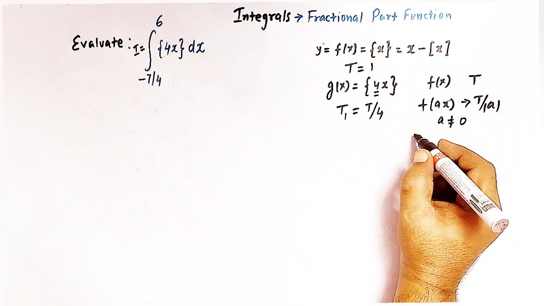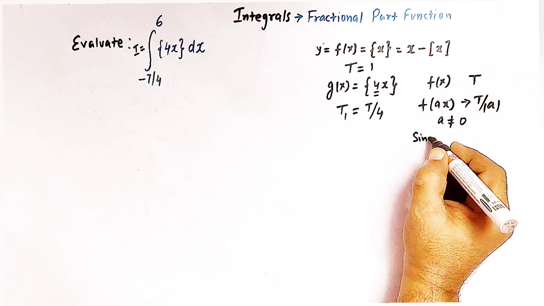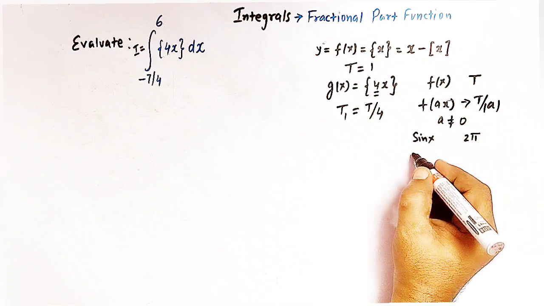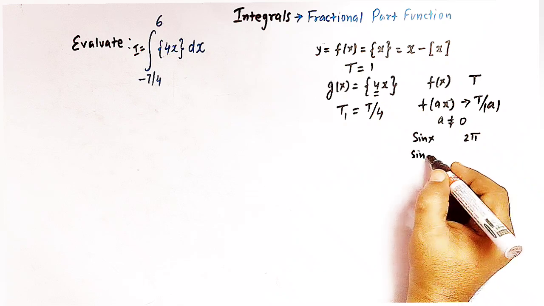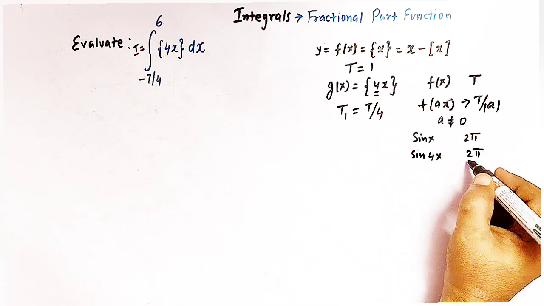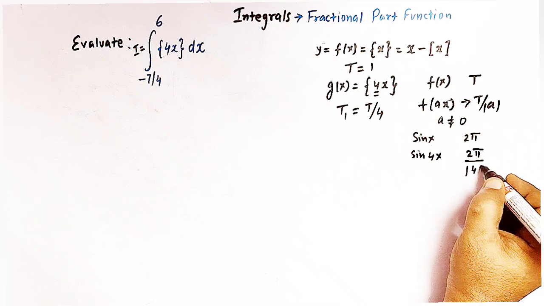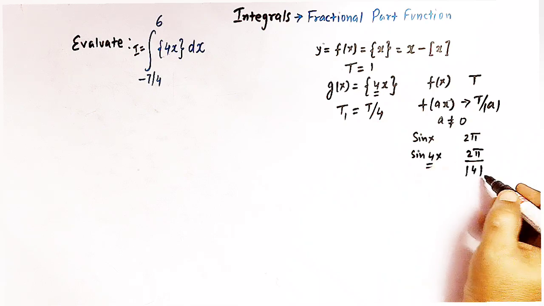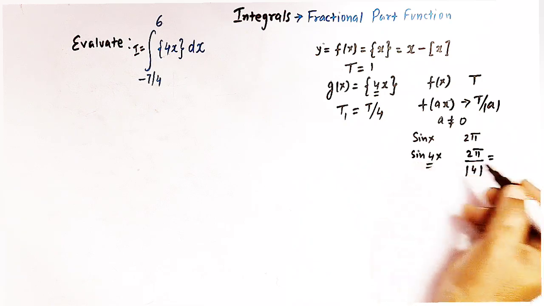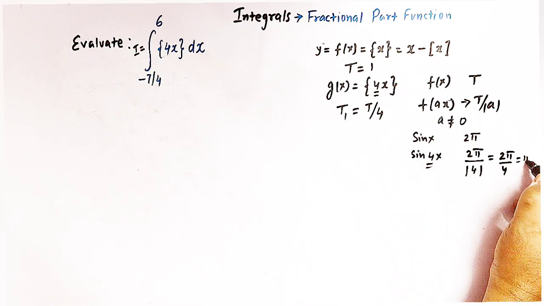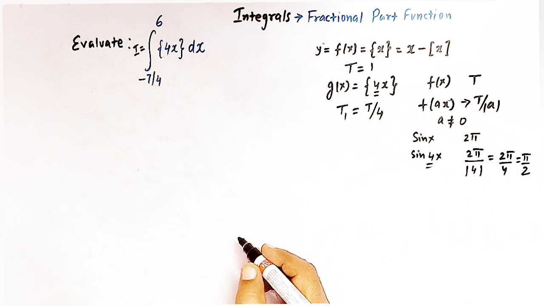Now see, for example, we know that the period of sine x is given by 2 pi, then the period of, say, sine 4x is given by 2 pi divided by mod of 4. So here we have the coefficient, that is 4. So the period of sine 4x is given by 2 pi over 4, that is pi over 2, right?